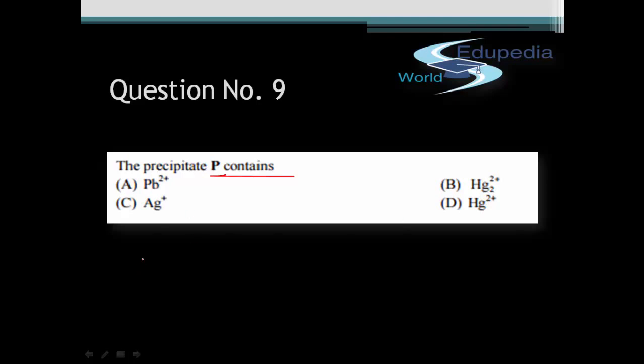We all must be knowing that the compounds of lead, which are PbCl2 and PbBr2, both these compounds are soluble in hot water and insoluble in cold water. So obviously, since we are carrying out the reaction with dilute HCl, for P our option will be PbCl2. So that means that A will be the correct answer to question number 9.